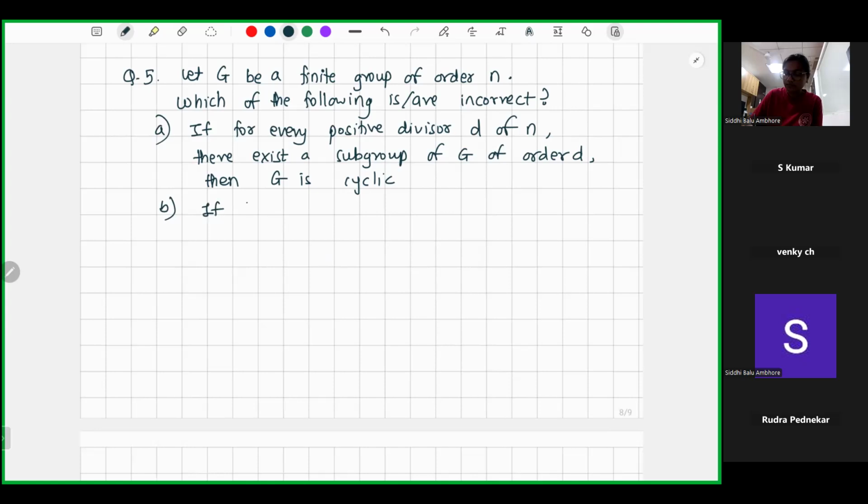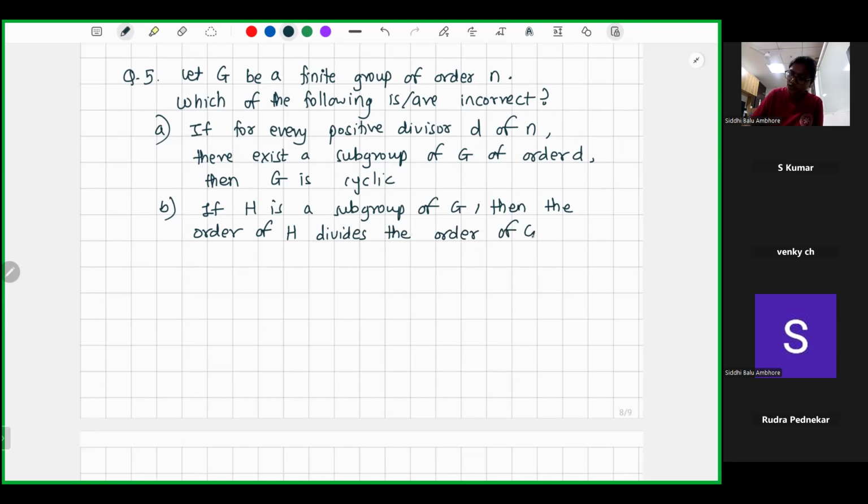Option B is that if H is a subgroup of G, then the order of H divides the order of G. C is that if G quotient Z(G) is cyclic, then G is abelian.